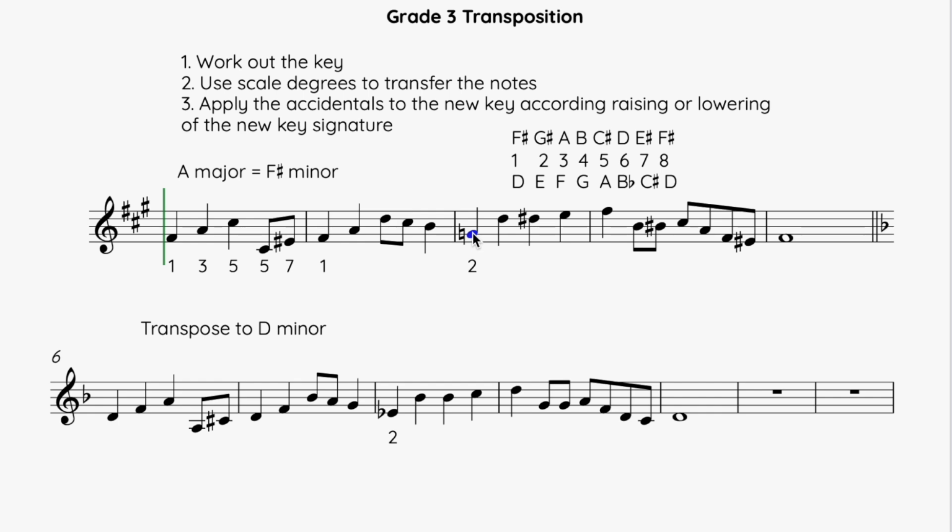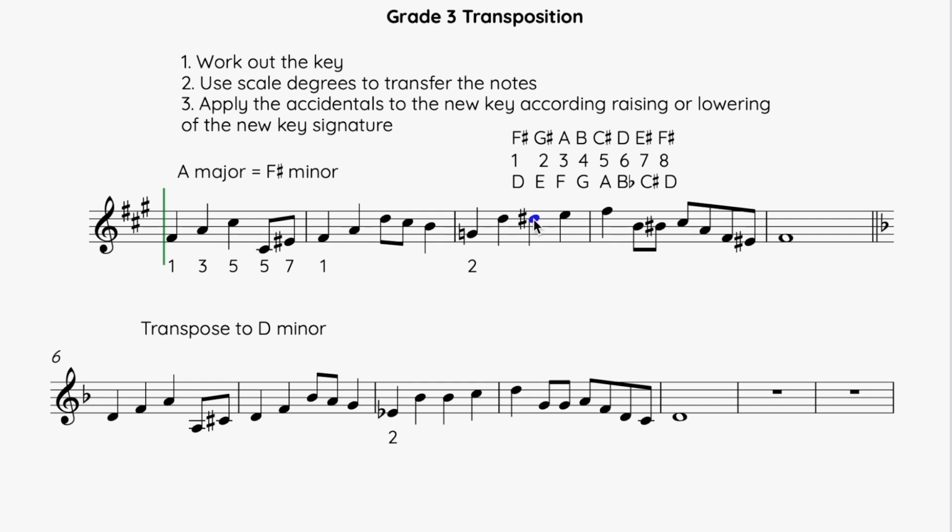All right, so it's very important that you work these out based on the key signatures. Look at the first original one to determine was it lowered from what was in the key signature. Then you must lower the note according to the new key signature. All right, here we have a D sharp.